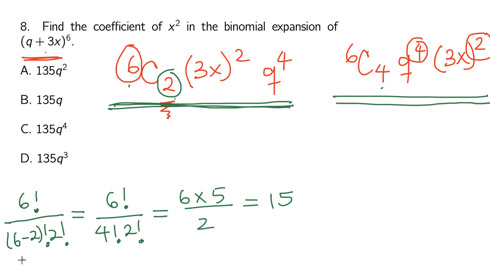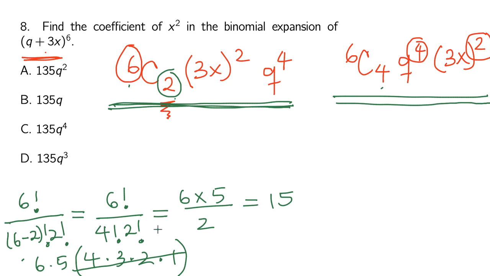Remember, 6 factorial is 6 times 5 times 4 times 3 times 2 times 1, but 4 factorial is 4 times 3 times 2 times 1. So if you divide 6 factorial by 4 factorial, this cancels out and you're left with 6 times 5. It's what we get when we cancel 4 factorial out of 6 factorial.